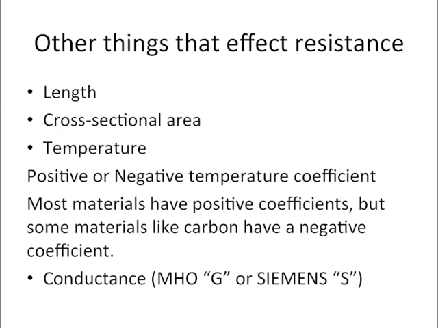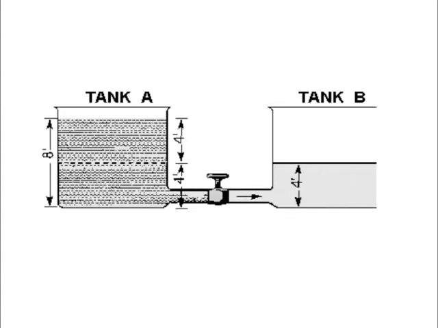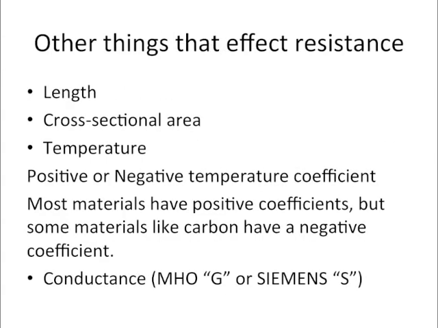Also, the cross-sectional area of the wire, the conductor, is going to affect that. If we look back at our example, if you were to increase the size of that pipe in the middle, you would end up with a greater flow of electricity from one point to the next. That's basically saying the same thing as making the cross-sectional area larger.